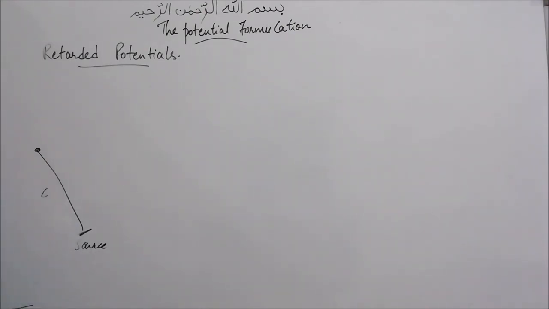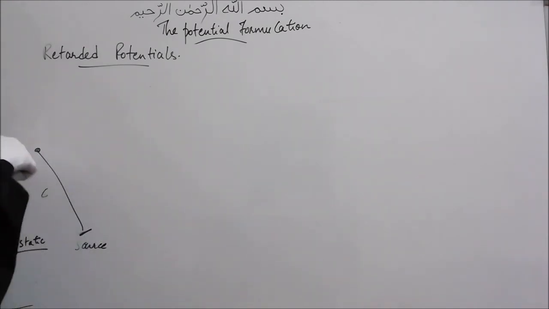Let's say electromagnetic news traveled from some source to this point, and it travels with the speed of light c. And in the non-static case, it is not the condition of the source right now that matters, but the condition of the source when the message left the source is what matters.